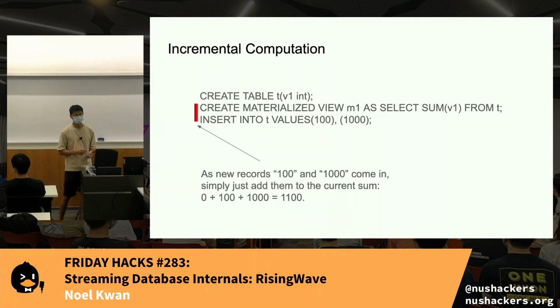You don't have to ingest the data first and then run the query. So the compute is actually amortized. As soon as records come in, we actually update the state of the aggregation.